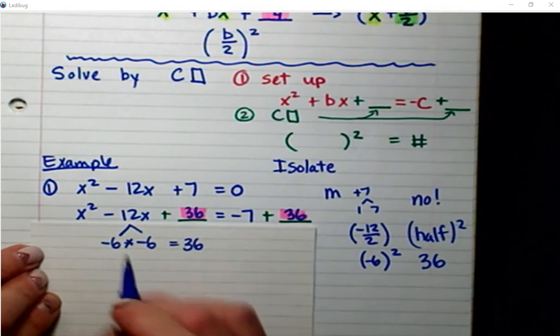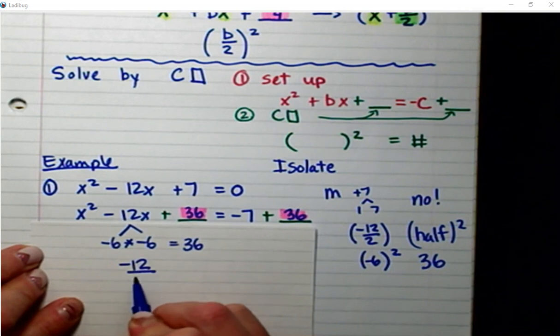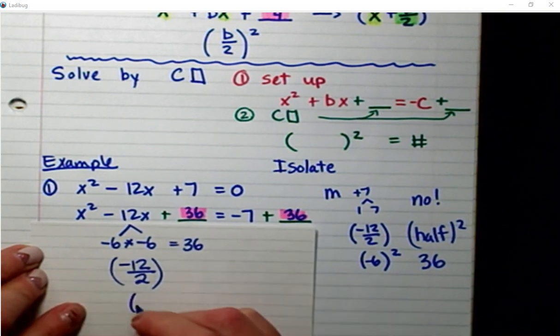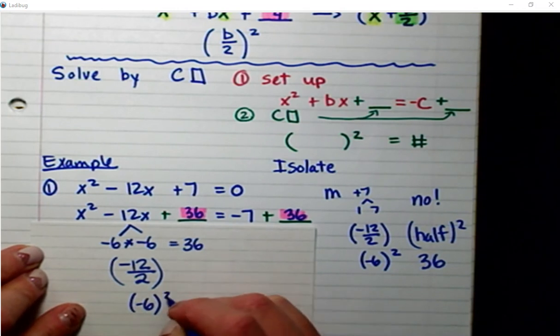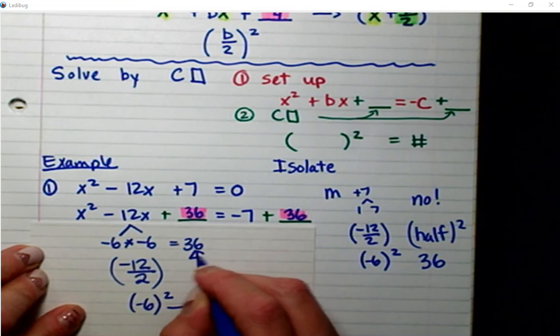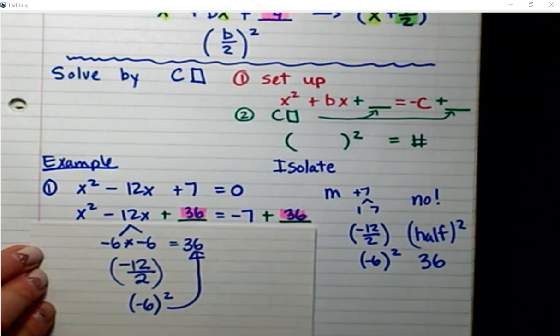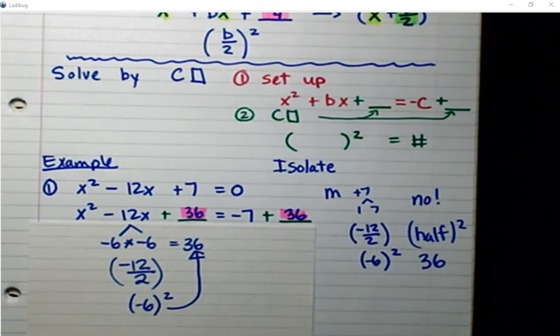So this is what I did. I took 12 and I split it into 2 equal parts, which is -6. And then I squared it, and that's how I got the number. Does that make sense? Half it, square it. I half it because it has to be the same. I square it because I need the last term.